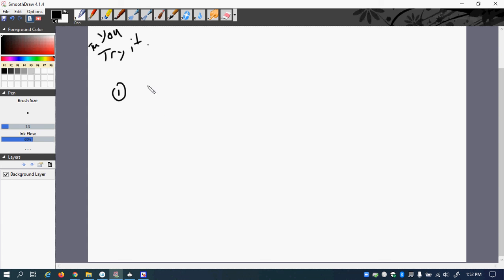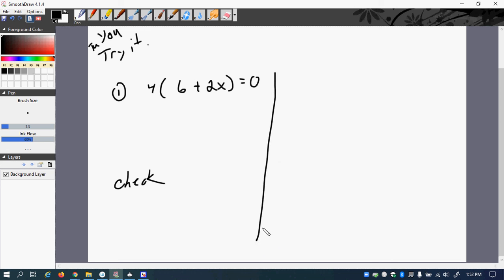So do 4 multiplied by 6 plus 2x equal to 0, and then do the check. And then another problem I want you to do is negative 2 plus 2 equal negative 2 times x plus 2. Okay, and then also do the check for me as well.